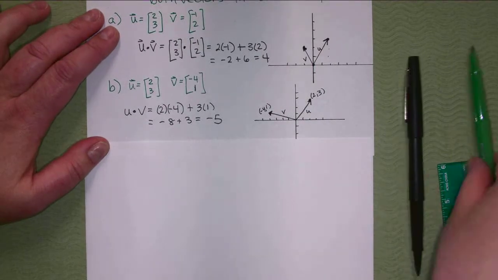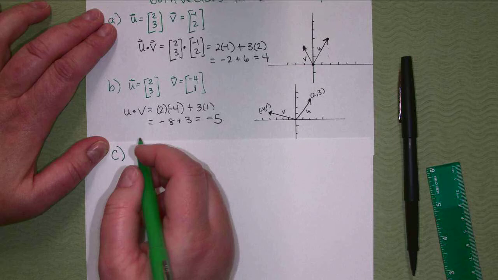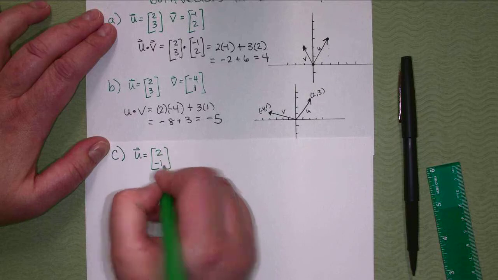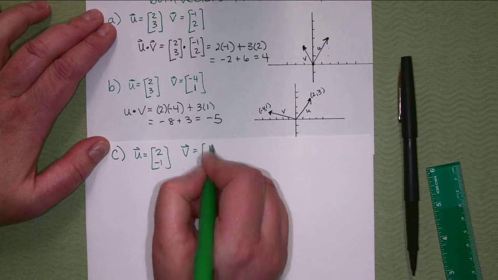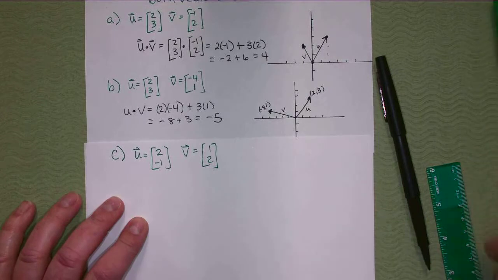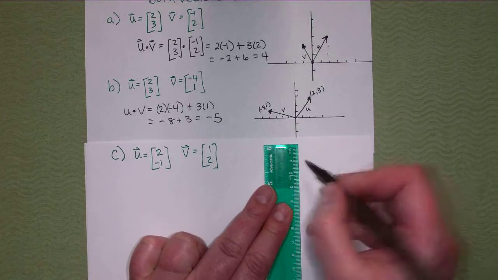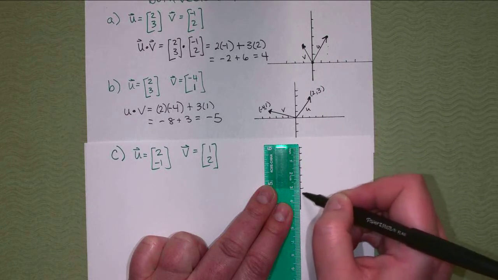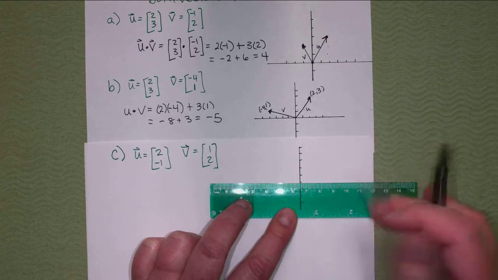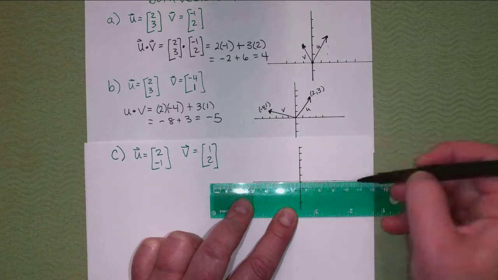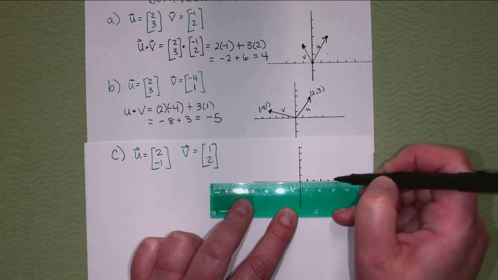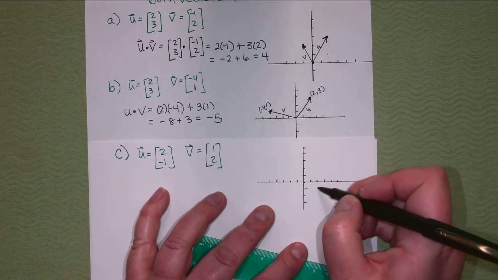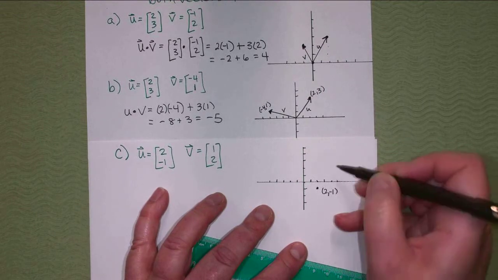Okay, C. So u is (2, -1) and v is (1, 2).